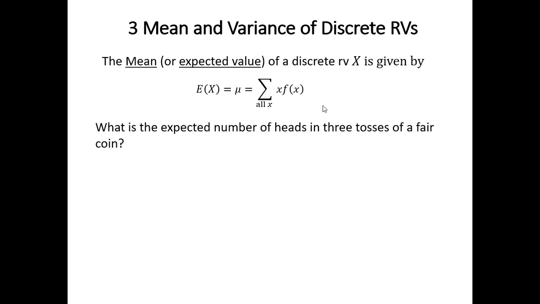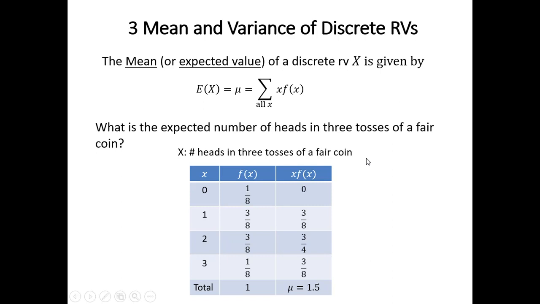So as an easy example, what's the expected number of heads in 3 tosses of a fair coin? Well, let's let capital X be our random variable, our discrete random variable. Let it denote the number of heads in 3 tosses of a fair coin. Then you could see here we have our probability distribution.